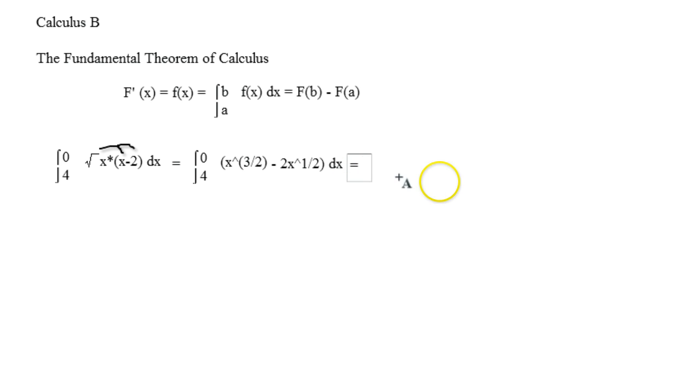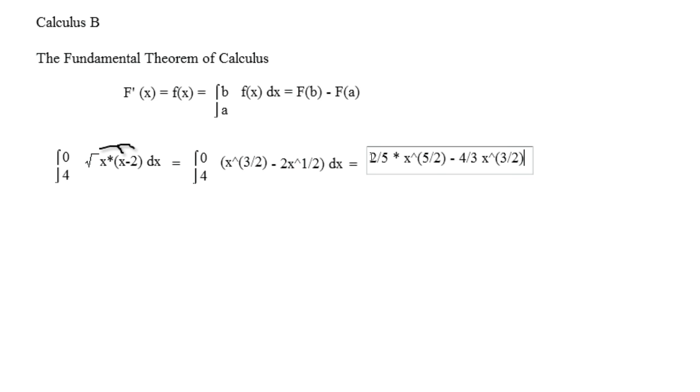Okay, so first off we do the integral. And so the integral is going to be 2/5 times x to the 5/2, okay, minus 4/3 x to the 3/2.